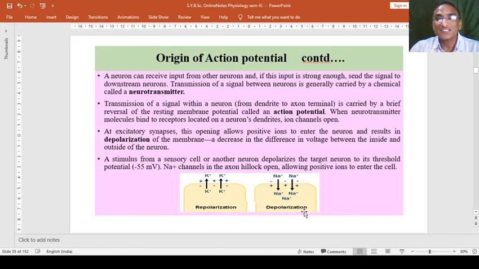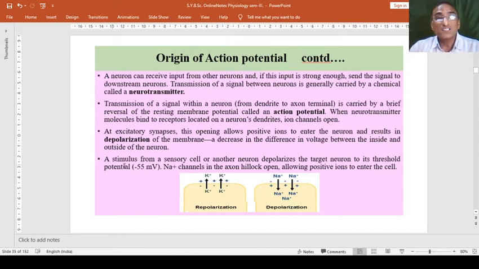Particularly, this is the depolarization of the membrane, a decrease in the difference in voltage between the inside and outside of the neuron. Means depolarization decreases the difference in voltage, it drops down.